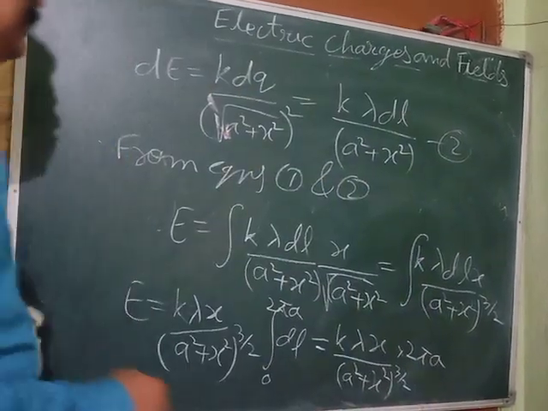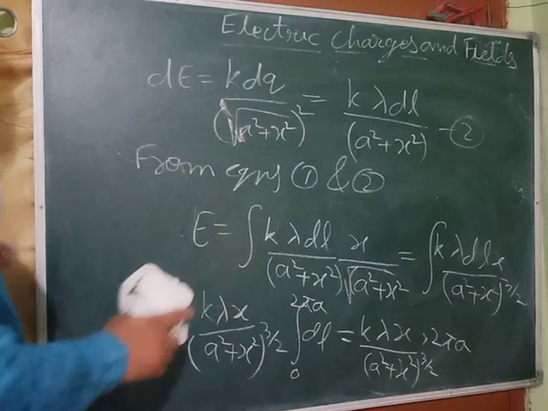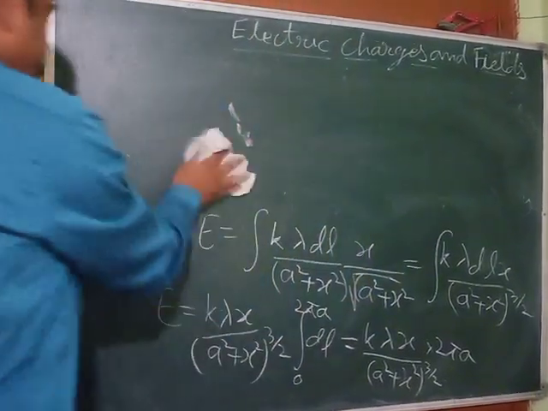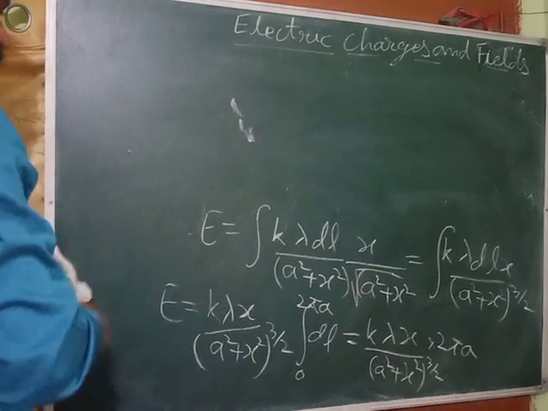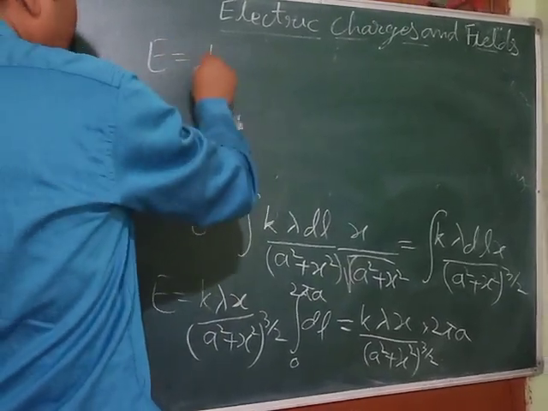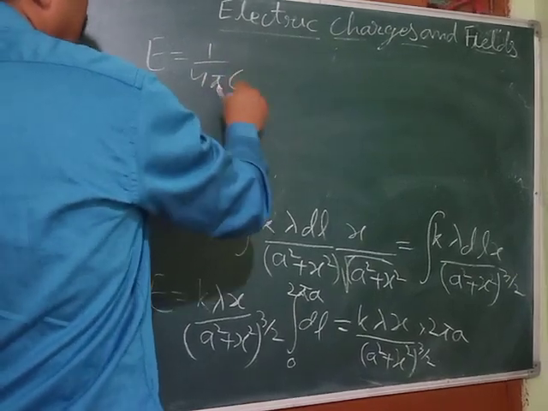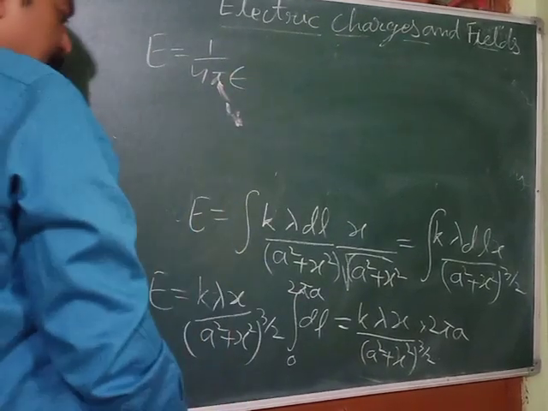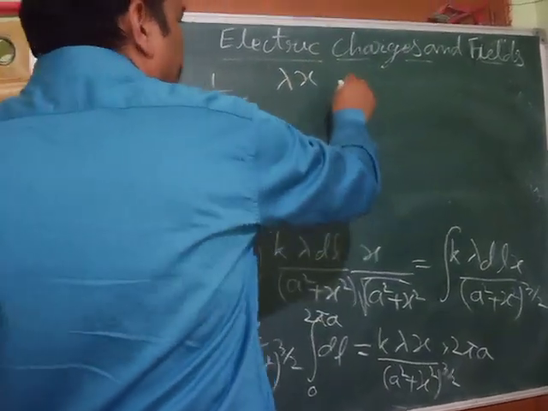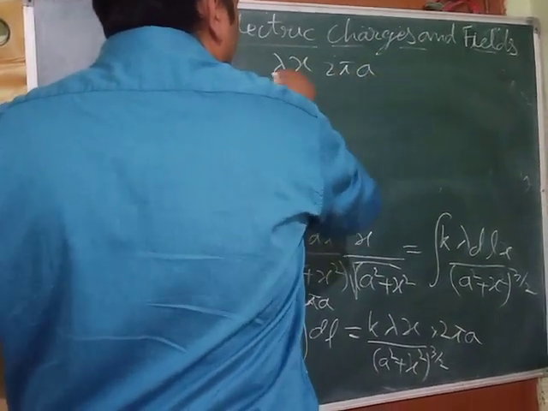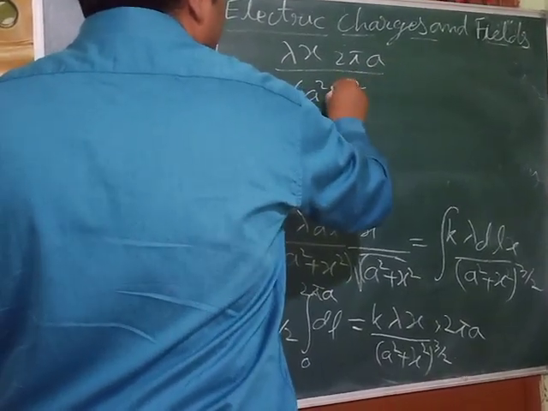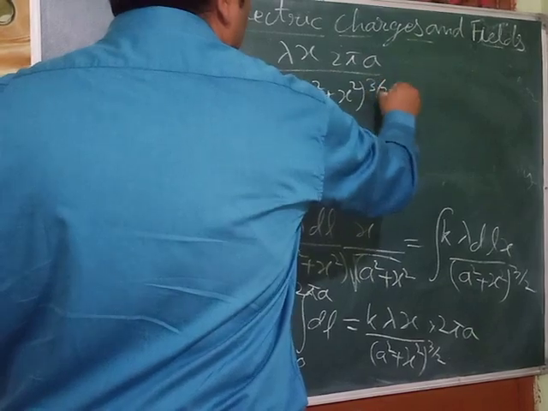That's what we got. Now we can put the value here like this. Suppose we put the value of k. So E is equal to 1 by 4 pi epsilon, and lambda x into 2 pi a upon (a square plus x square) to the power 3 by 2.